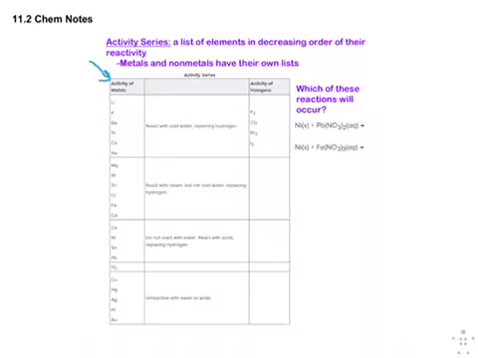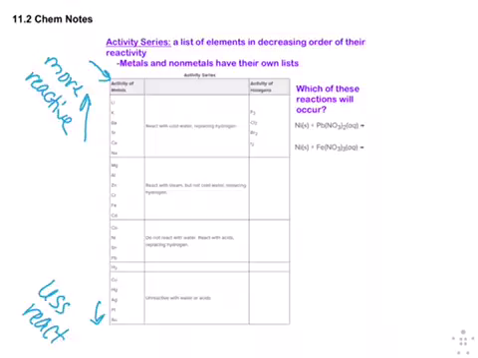So if it's at the top, it is more reactive. And if it's at the bottom, it is less reactive. The right-hand side are your nonmetals. Again, the top is more reactive than the bottom.